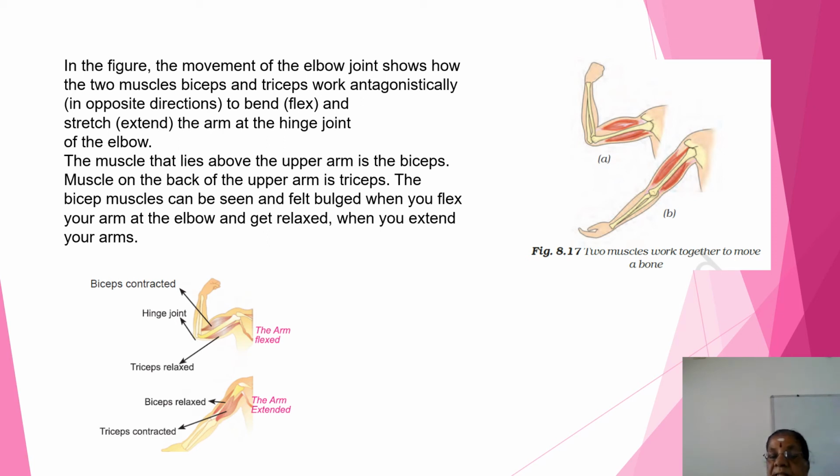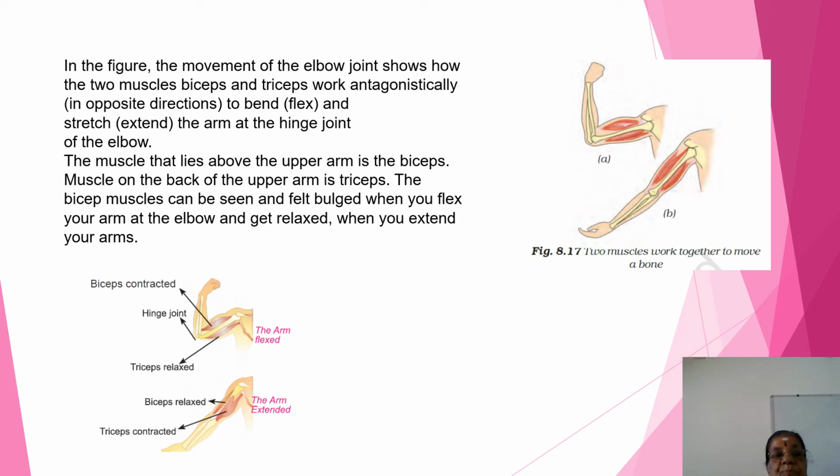நம்ம bookல இருக்கு இது 8.17, but labeling is not there. Okay, so இதை correlate பண்ணிக்கும். So this is arm folding as biceps contract, triceps relax. When arm is stretched, opposite, reverse, biceps relax, triceps contract.